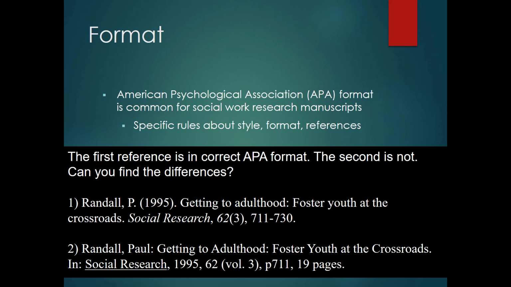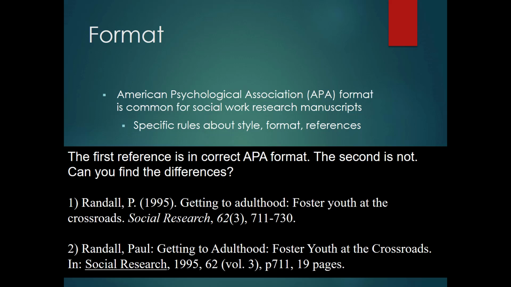And the volume and issue numbers, so you don't spell out the volume, and the volume doesn't go in parentheses. The volume is the first one, and then the issue goes in parentheses. And finally, with pages, you only list the page number. So you don't put the P and you don't put 19 pages.